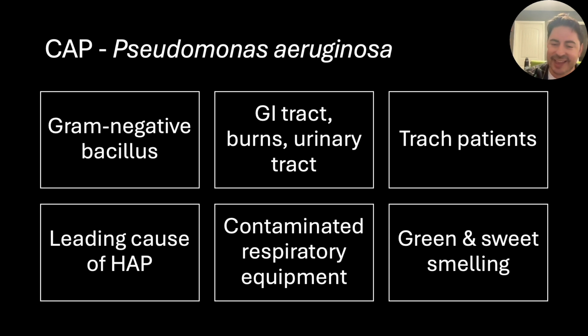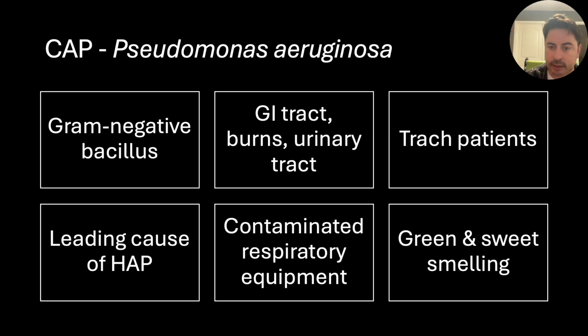But when we talk about Pseudomonas, it has a certain smell to it. It's got a certain characteristic that it is green and it is sweet smelling. When I was going through microbiology and we had agar plates of Pseudomonas aeruginosa, everyone has their own descriptor of it.